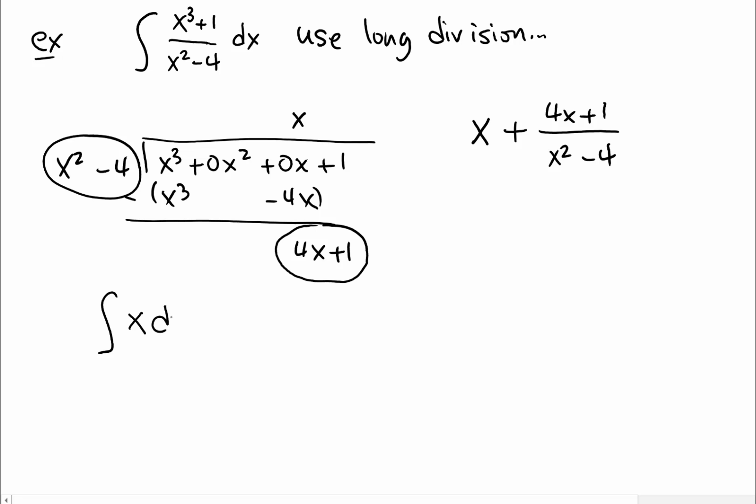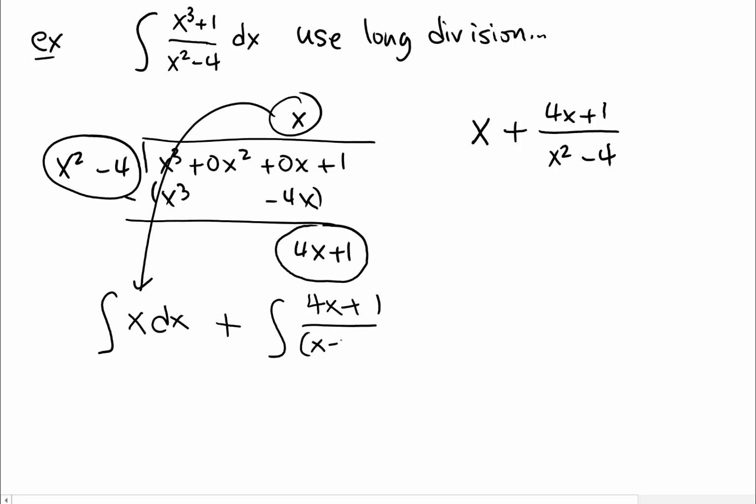There's one part that is kind of the whole number of times that x squared minus 4 went into the numerator, and then I'm left over with this partial fraction, which I'm going to need to use some of the techniques discussed earlier, so I will factor right away this into x plus 2, x minus 2.